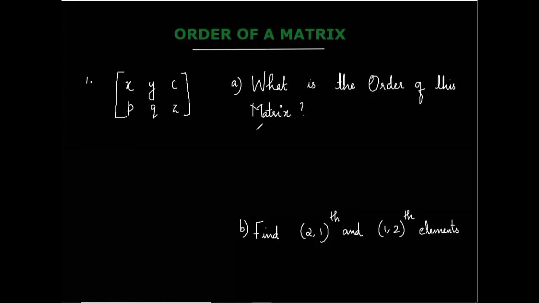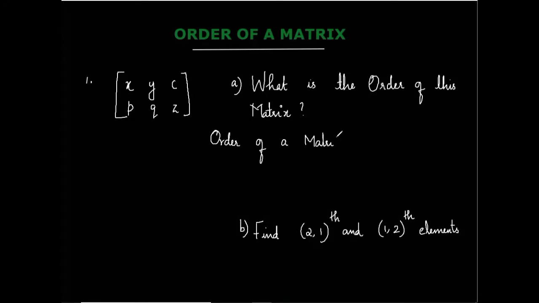First of all, the order of a matrix. Order of a matrix is M by N, where M is the number of rows of this matrix and N is the number of columns of this matrix.